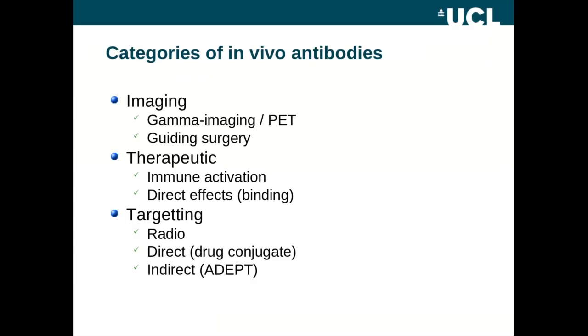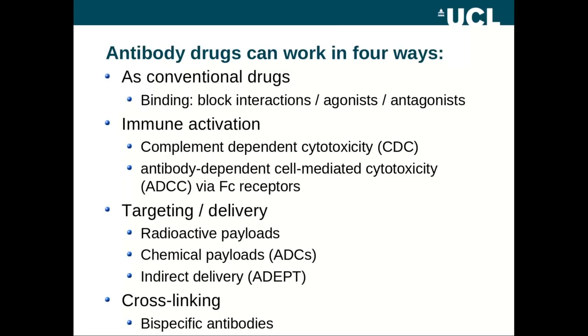We can use them as therapeutics, and that's really what I'm going to focus on. And we can use them kind of indirectly as therapeutics for targeting other things to a site that we're interested in. So, talking about antibodies as drugs then, there are really 4 ways in which we can use them.